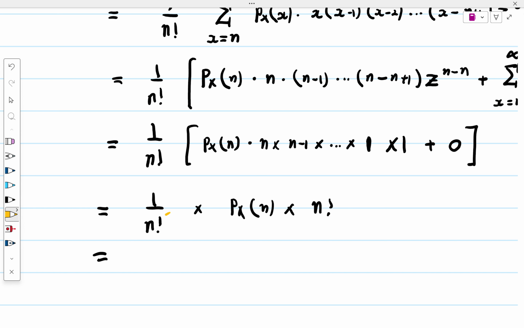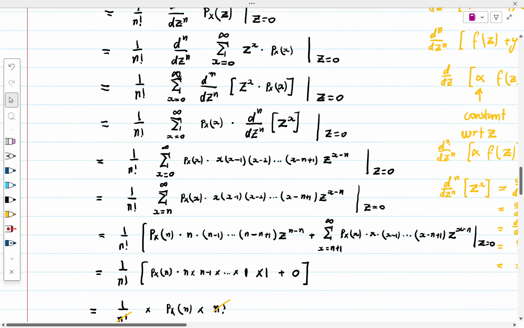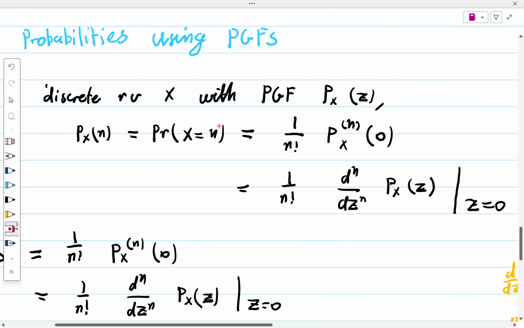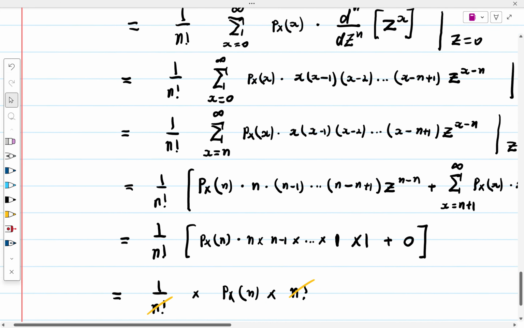And then we notice that this n factorial cancels with this n factorial, and we're left with px of n, or in other words, the probability x is equal to n. And there you have it. We've proven this fact here that the probability x equals n is 1 on n factorial times the nth derivative of the PGF evaluated at 0.